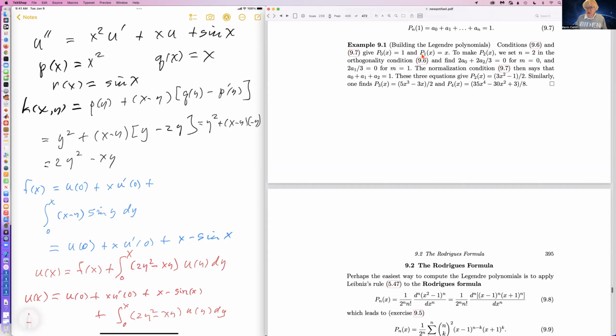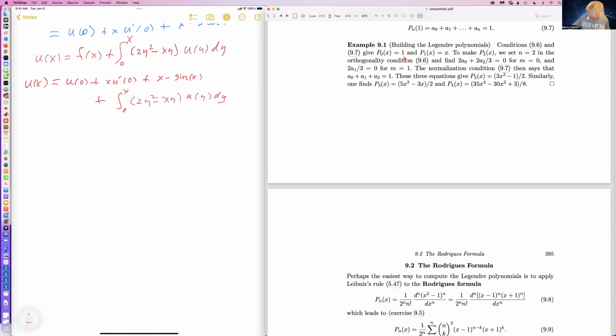Maybe we can just go through how you construct them. P of 0 turns out to be just 1. What we know is that. So let me start over with a different color, maybe green.